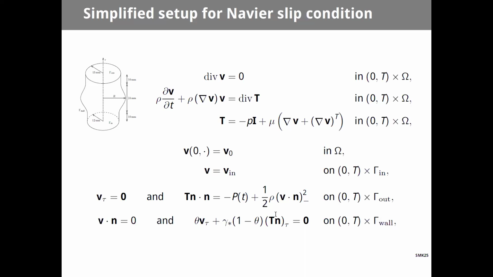So it's easy if your wall is aligned with some direction of your coordinates, but in general, it depends on the normal vector or tangent vector, and you cannot easily enforce, for example, this normal velocity as a Dirichlet condition, you have to do some special treatment.